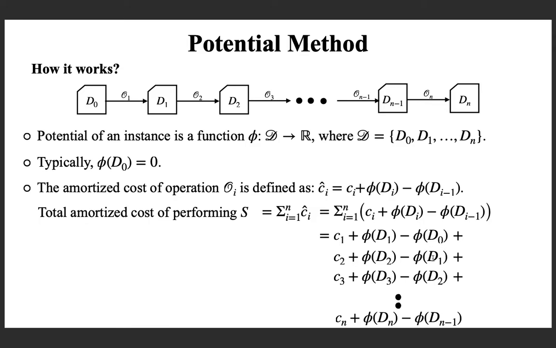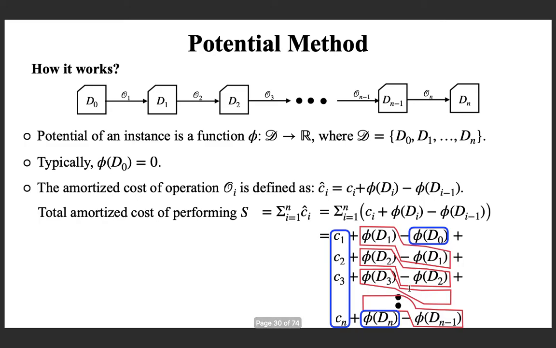likewise it goes. And if you carefully observe, you can see that these get cancelled: potential of D1 minus potential of D1, similarly potential of D2 minus potential of D2, and you will get these cancelled, and you can observe that finally except potential of Dn and potential of D0, all others cancel each other.